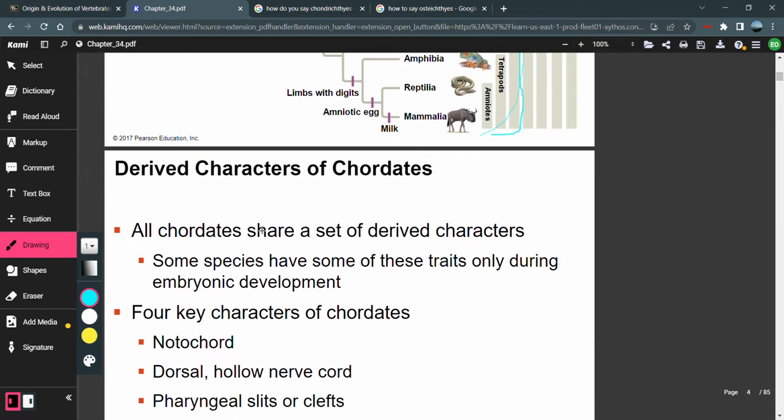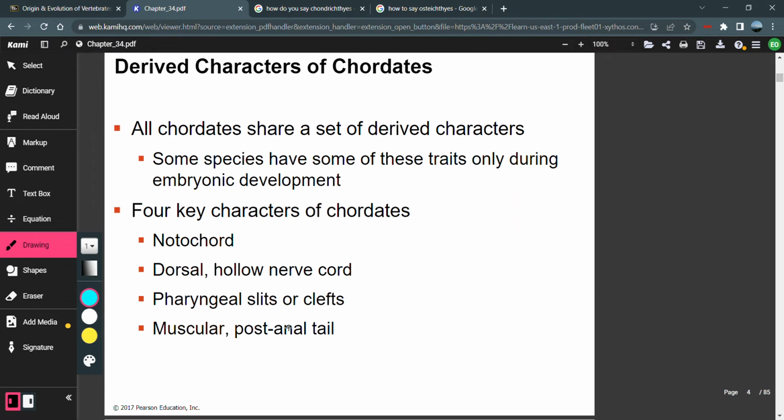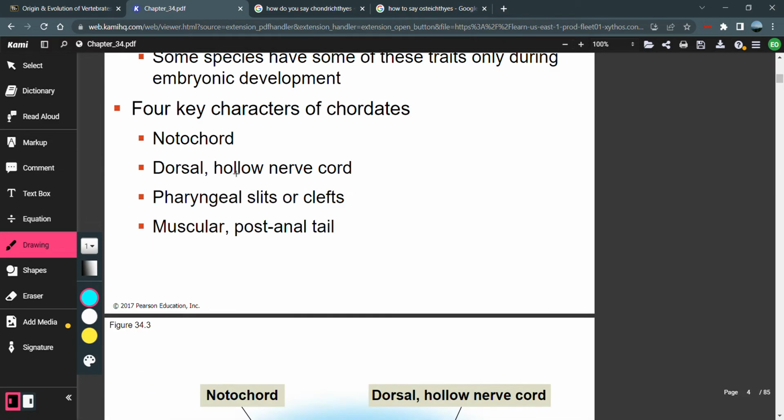So chordates have four distinct characteristics. They have the notochord, the dorsal hollow nerve cord, the pharyngeal slits or clefts, and a muscular post-anal tail. Sometimes these traits are lost as they progress through embryonic development or adulthood, but all chordates have to have at least two or more of these characteristics during the embryonic stage.